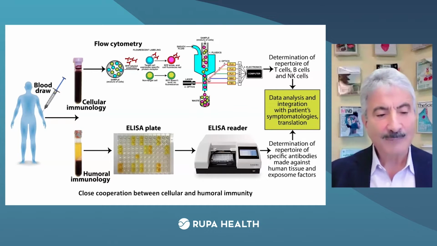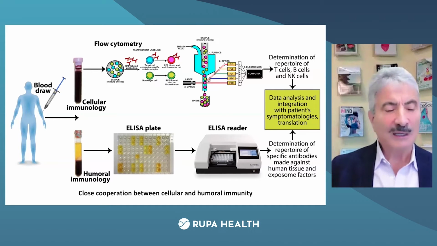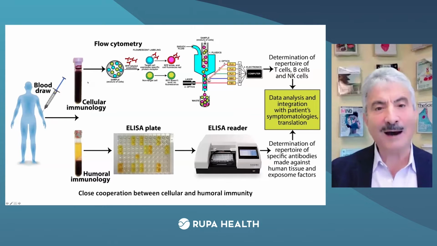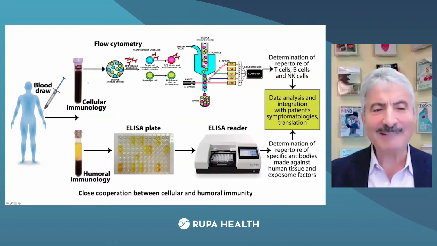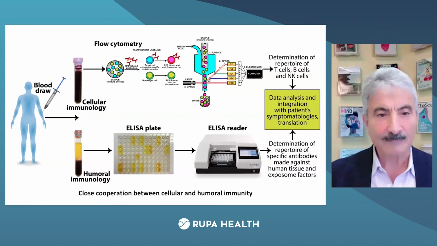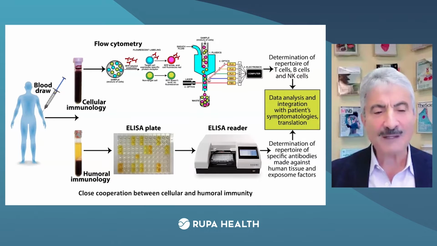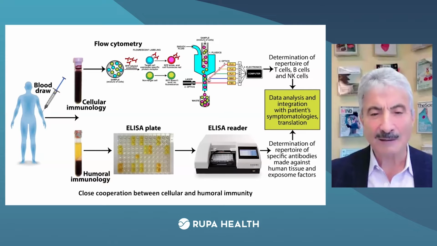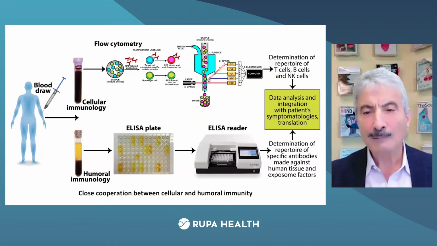In the case of cellular immunology, we can take a drop of blood and, based on more than 350 different cluster differentiations on the surface of lymphocytes, we can stain different lymphocytes using monoclonal antibodies of different colors. The flow cytometer is going to separate them.